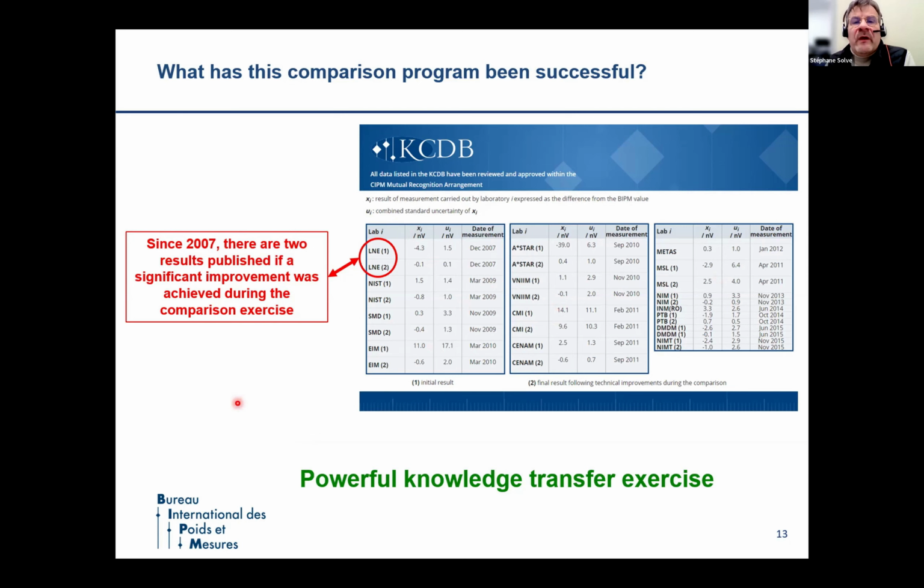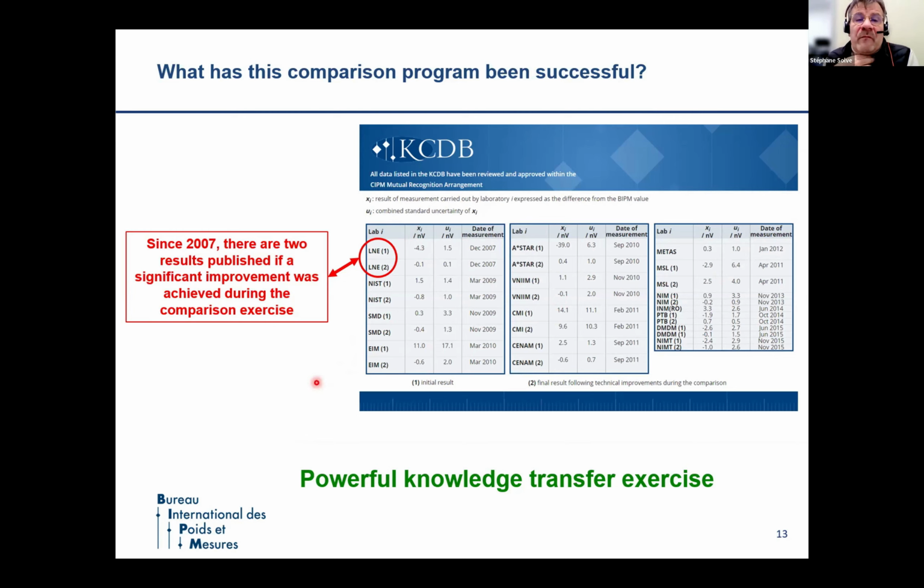Meaning we put in the KCDB the first preliminary measurements, and then at the end of the comparison, when we have pushed the limits of the measurement setup we have been using, we can also write the final results, which is the best one.